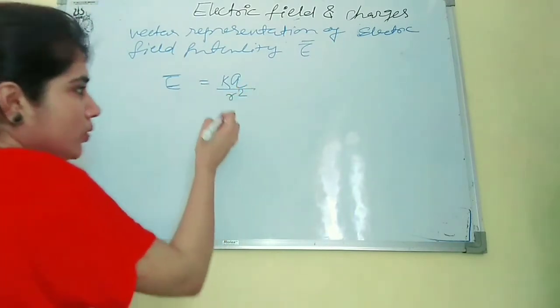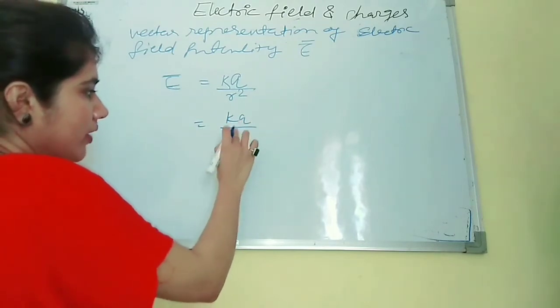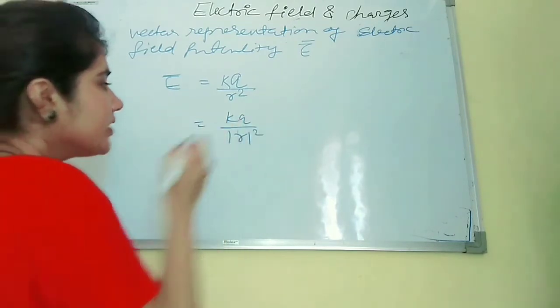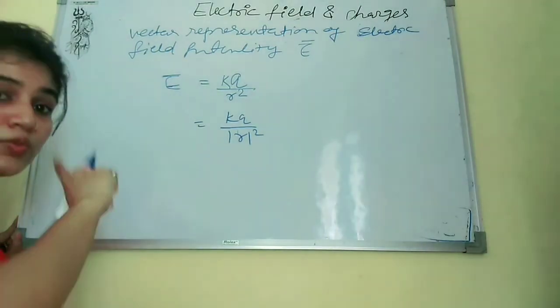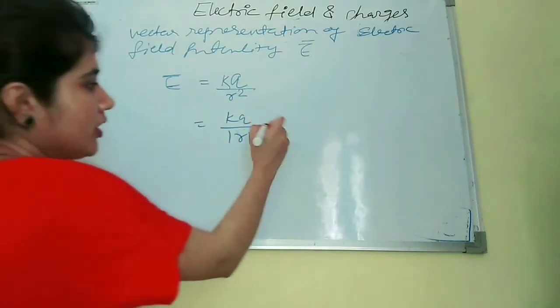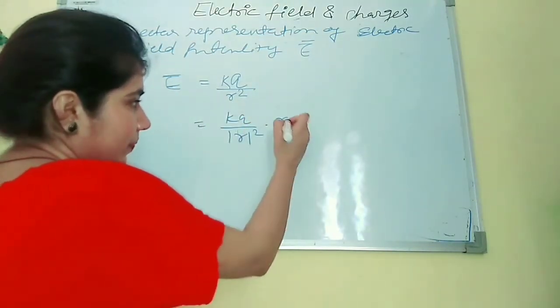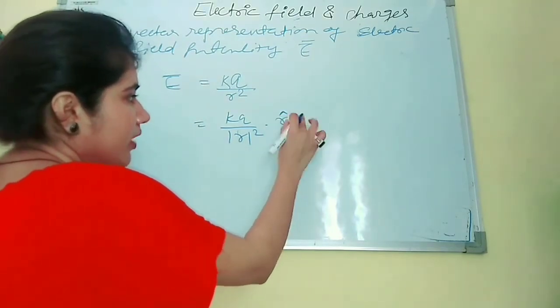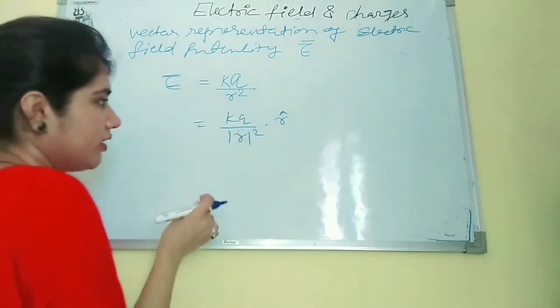If we take the mode of r, that will be kq upon mode of r square. And in vector representation, as in force in Coulomb's law, we just put here the unit vector of r, that is r cap.